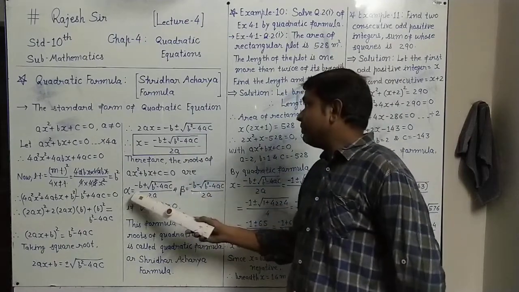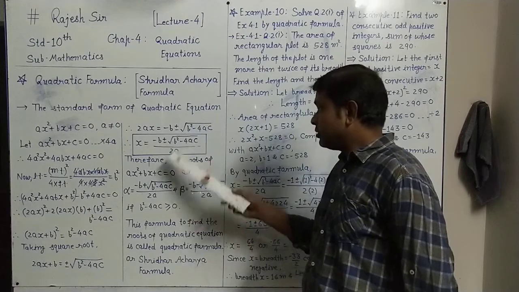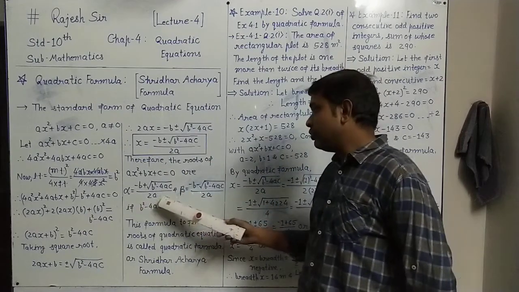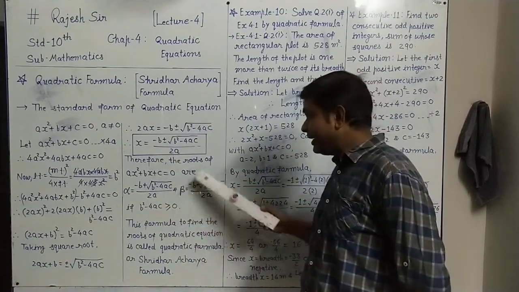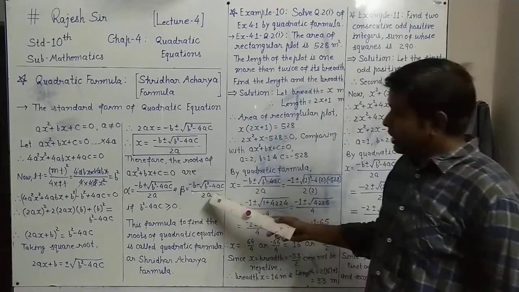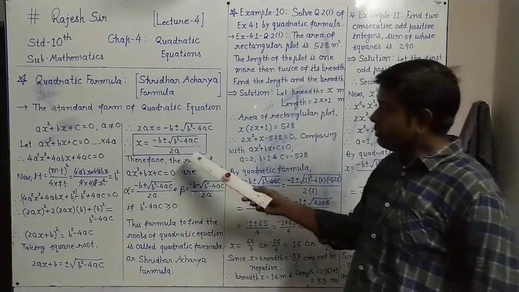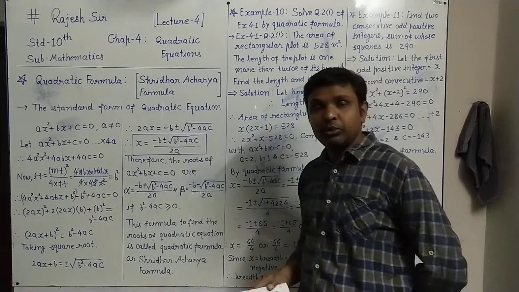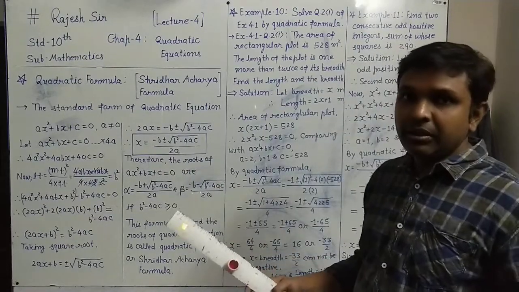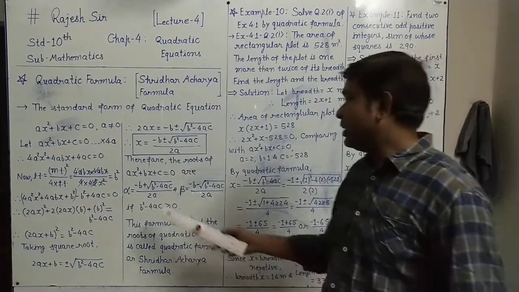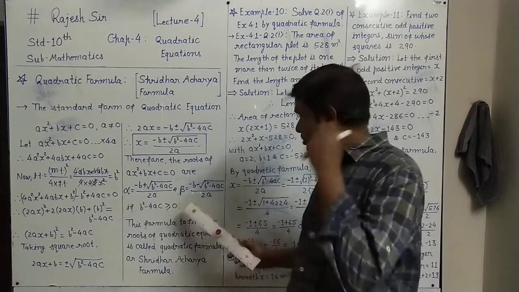So we can write alpha equals minus b plus root of b square minus 4ac upon 2a, and beta equals minus b minus root of b square minus 4ac upon 2a. Because this expression has plus and minus both, we have separated it. So we have two different roots, one called alpha and the second called beta.